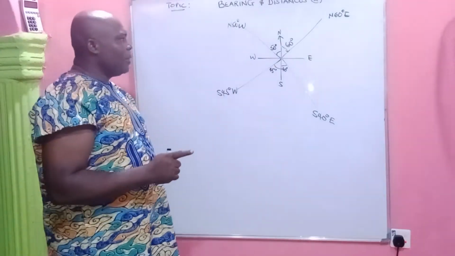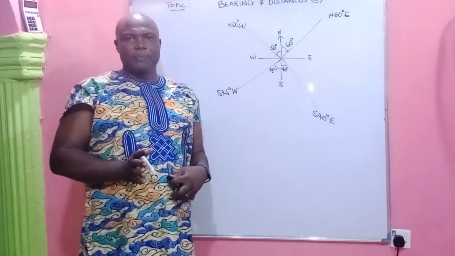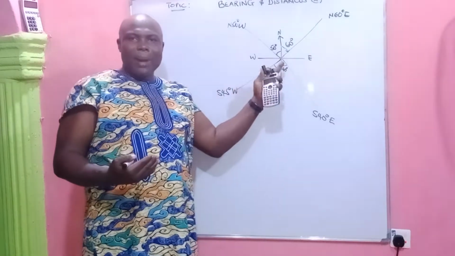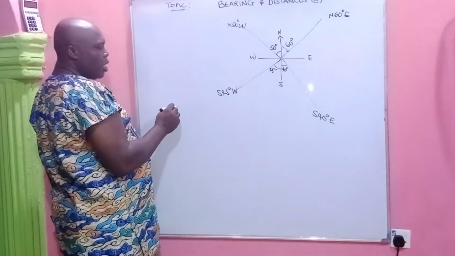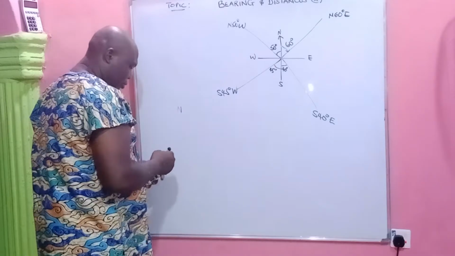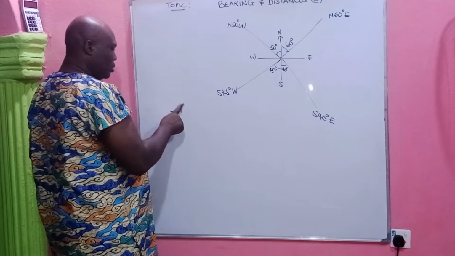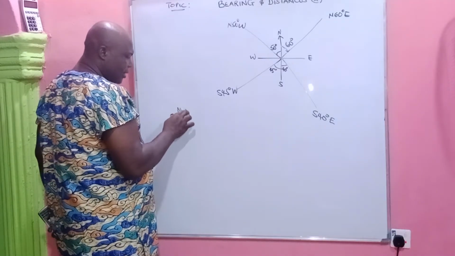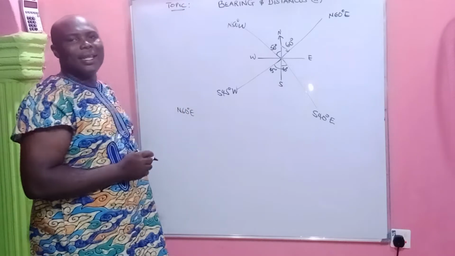And don't forget, please, we can convert these angles to the 3 digits. You can be asked to convert angles in this format to 3 digits. Say for instance, if you have the angle N 60 degrees east.